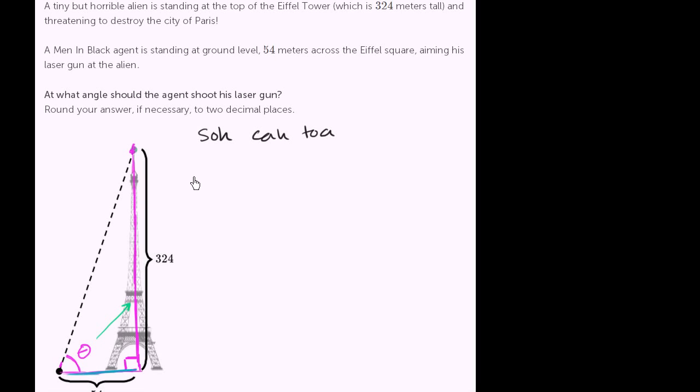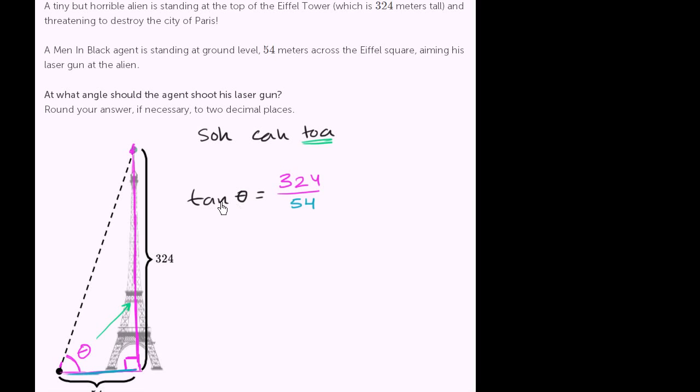So we can write that the tangent of theta is equal to the length of the opposite side, 324 meters, over the length of the adjacent side, over 54 meters. Now you might say, well, okay, that's fine.